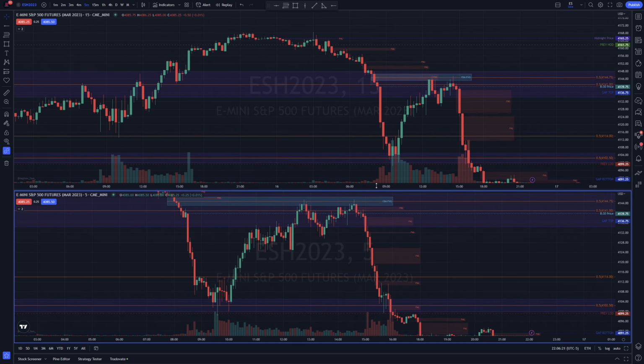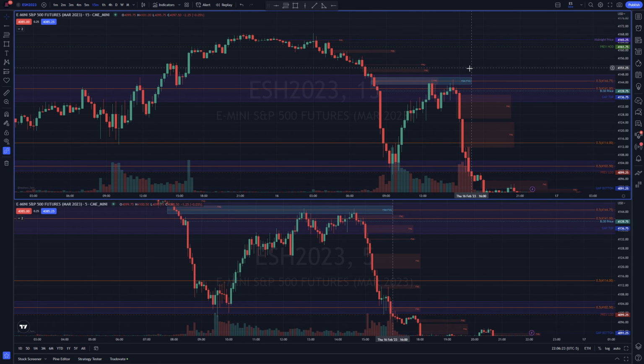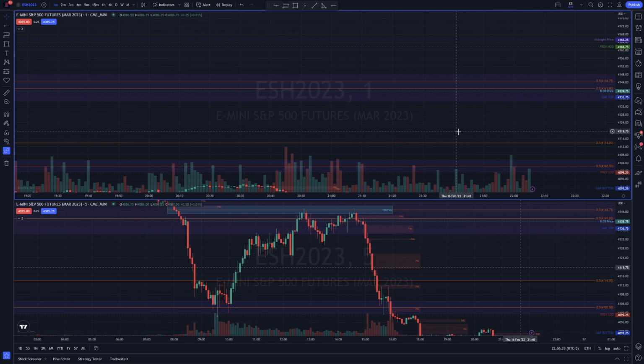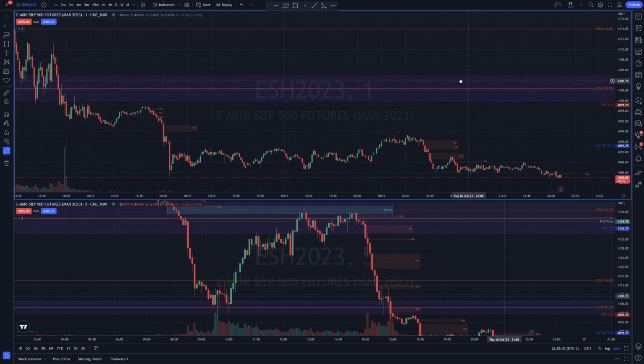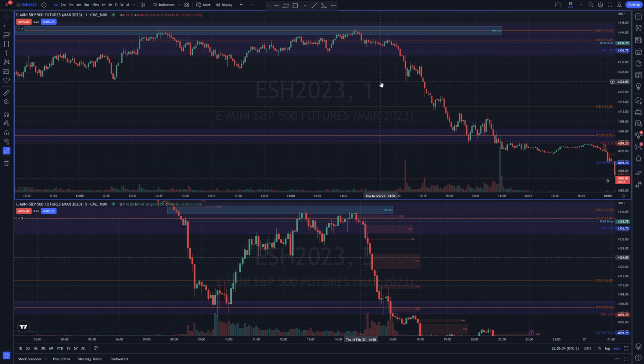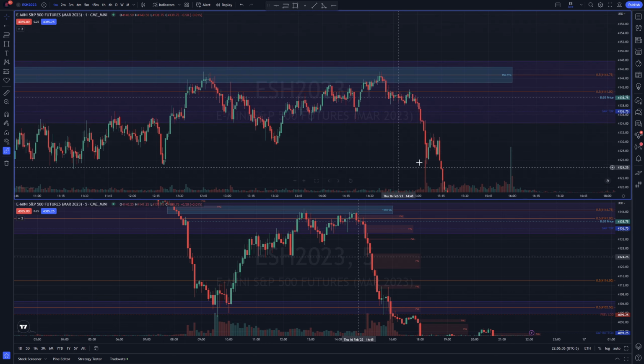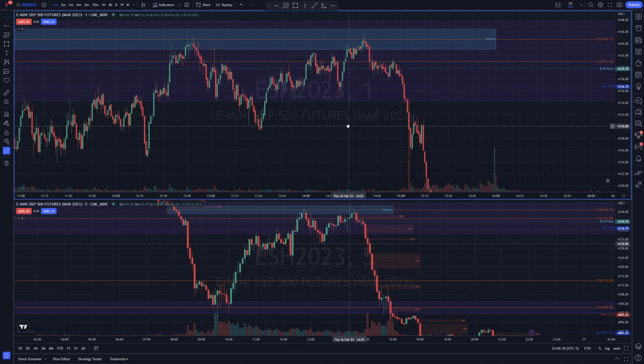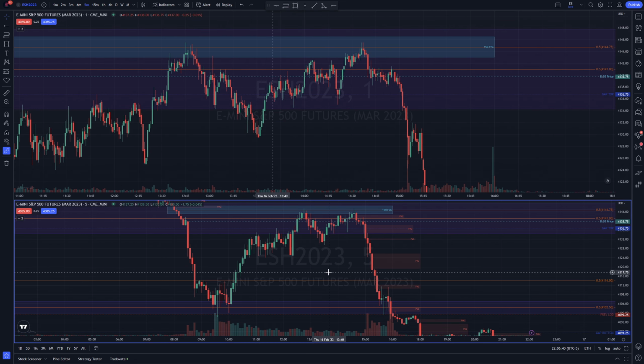Yeah, that would be better. What I want to show you is the 1 minute of ES on that move up there versus the 1 minute of NQ.